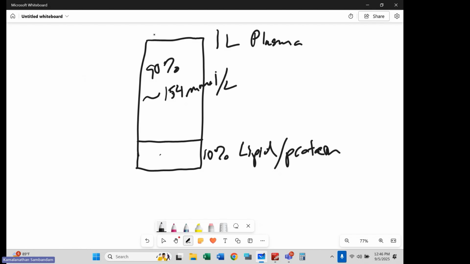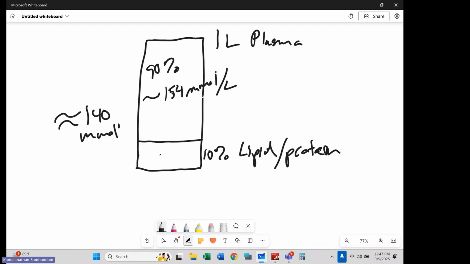But because you have only 900 cc's in this 1 liter that is actually water, the sodium concentration in that 1 liter is roughly 140 millimoles. Okay? So this explains why isotonic saline has a concentration of 154.